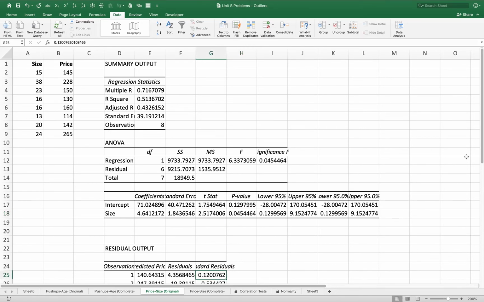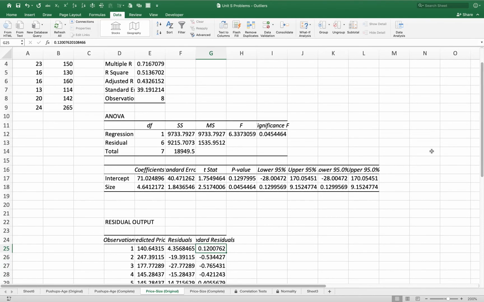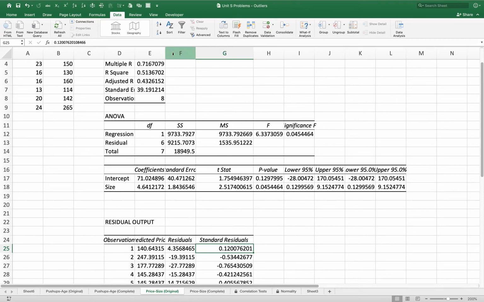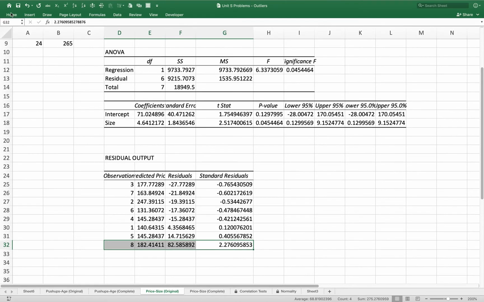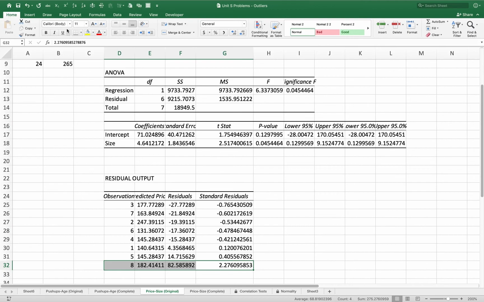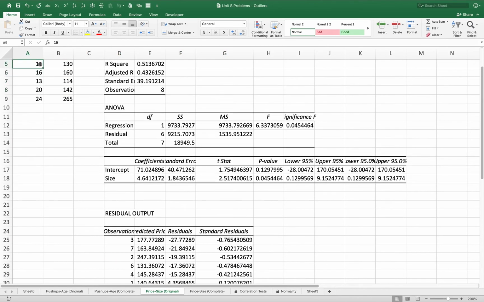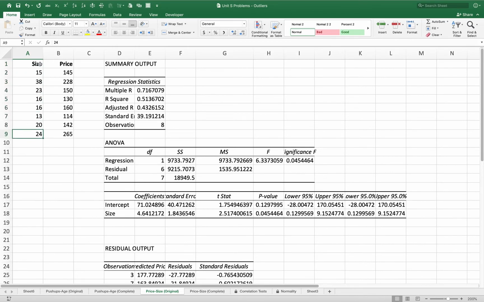So let's go down here, and I'm going to sort that and go down here, and we'll notice that the observation number 8 has a standardized residual outside of plus or minus 2. So we're going to get rid of the 8th observation, which happens to be this last one, like that.